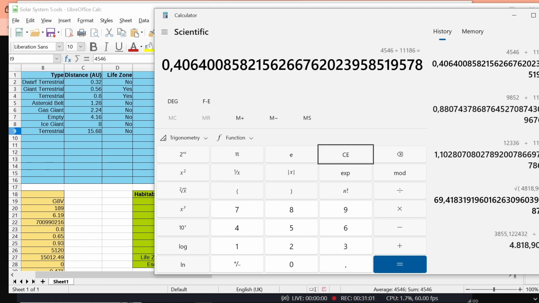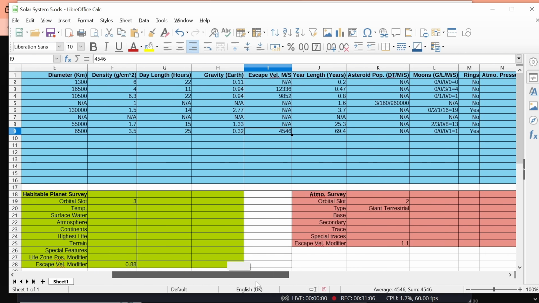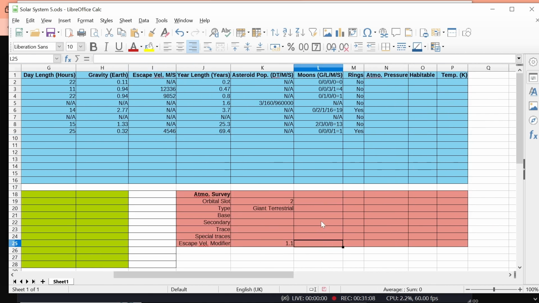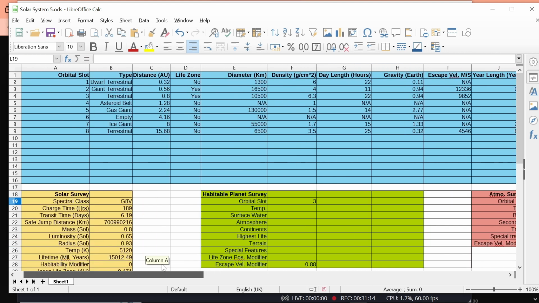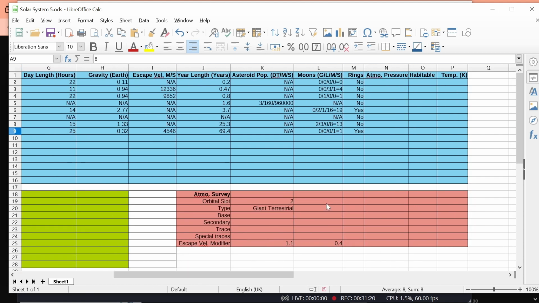That gives us 0.4. I'm going to record that in this field here, 0.4. That is in orbital slot 8. And is a terrestrial.